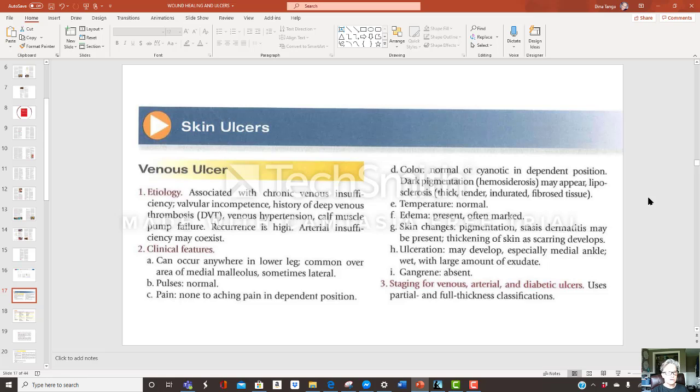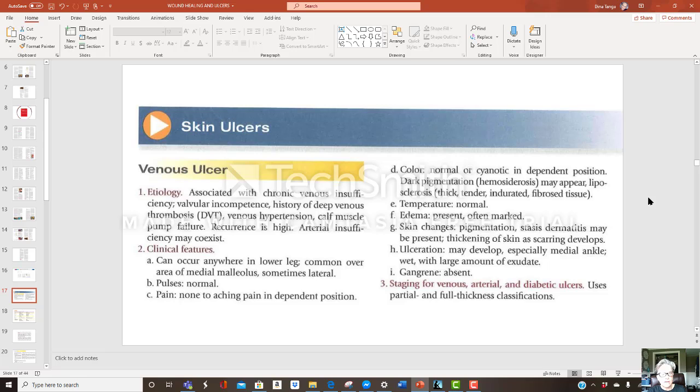A venous ulcer. The etiology is associated with chronic venous insufficiency, valvular incompetence, history of deep venous thrombosis, DVT, venous hypertension, calf muscle pump failure, reoccurrence is high, arterial insufficiency may coexist.